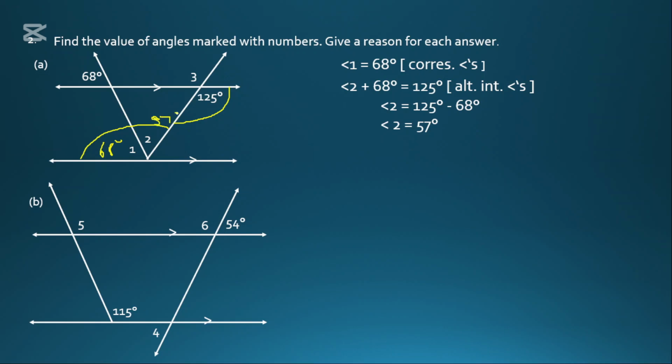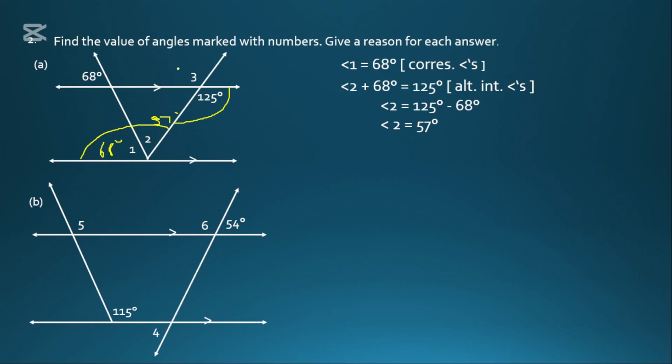Now number 3. 3 and 68. That looks like they're corresponding angles. This one is on the left-hand side of the line. That one is on the left-hand side of the line. But because these two lines are not parallel, angle 3 is not equal to 68.